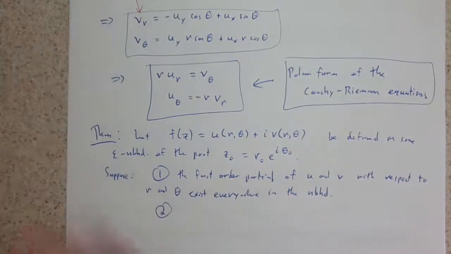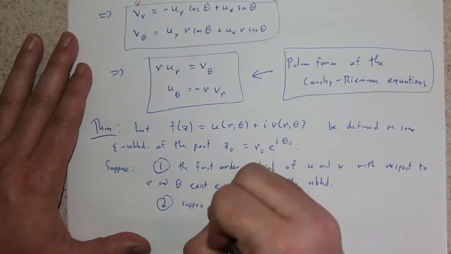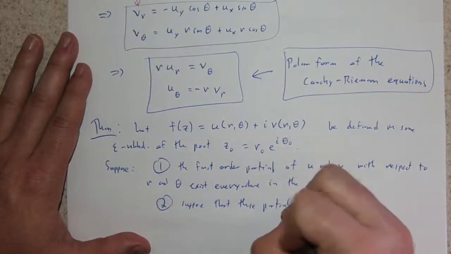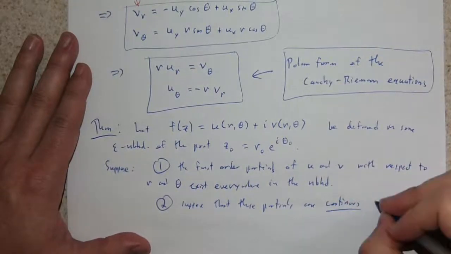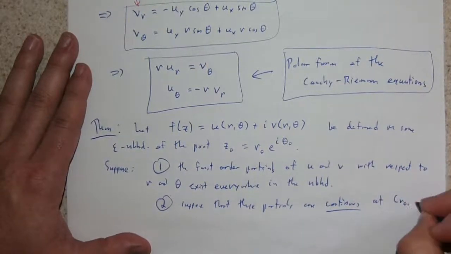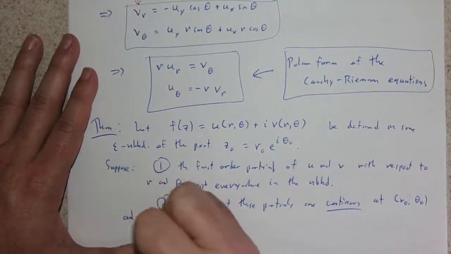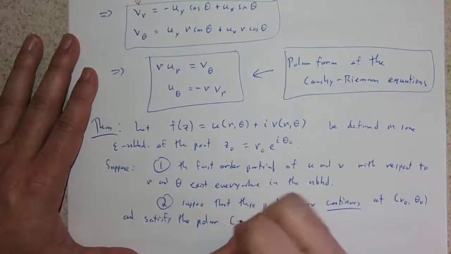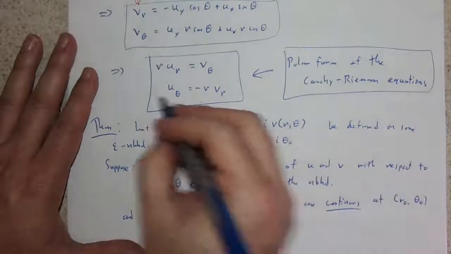And secondly, suppose that they are continuous. These partials are continuous at r naught theta naught and satisfy the polar Cauchy-Riemann equations, which is these.